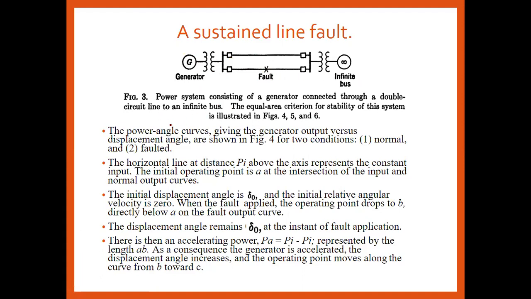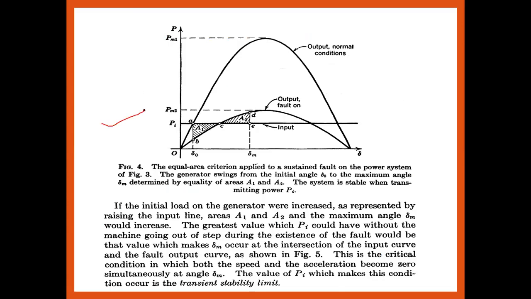A double circuit line to the infinite bus is shown here. With reference to this power system, that is the SLD diagram, the equal area criteria for this system is shown in this diagram.